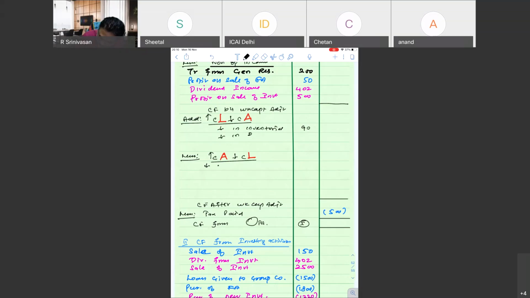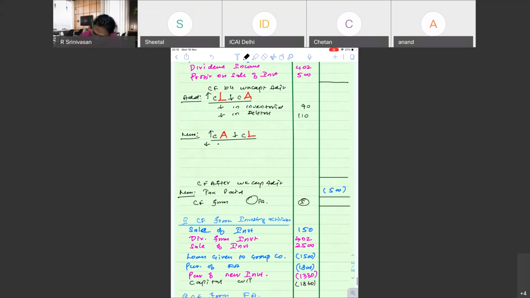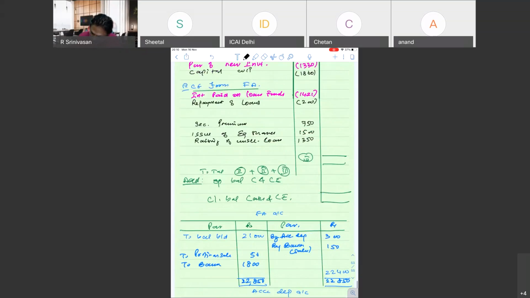Decrease in debtors, how much? 1,200 and 1,090, so 110. Okay, right. Cash and cash equivalents 120, 280; this is 280 and 120.